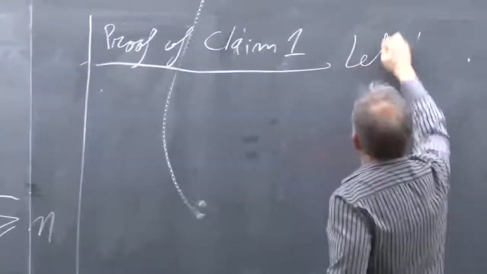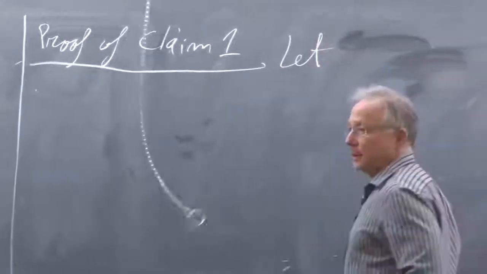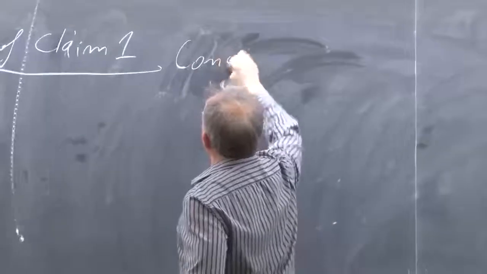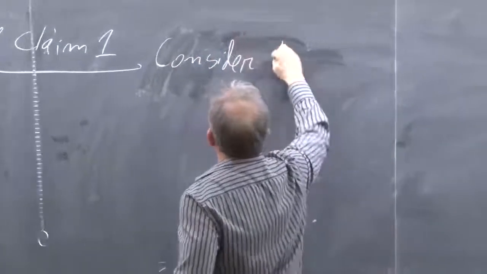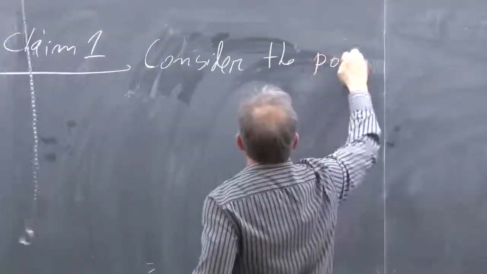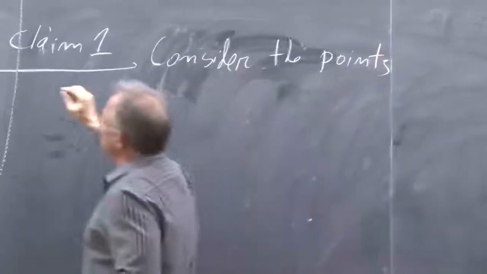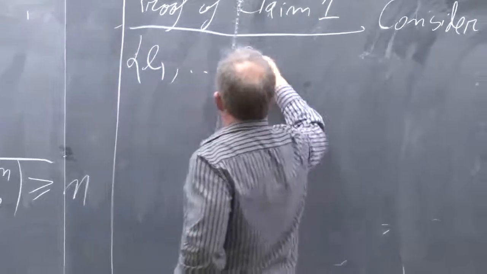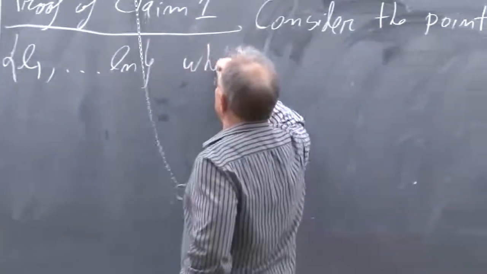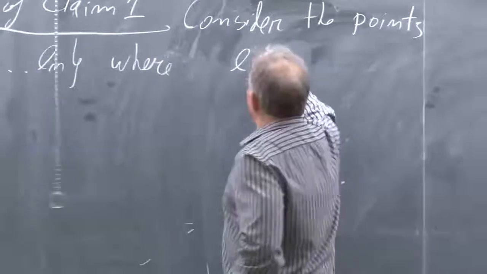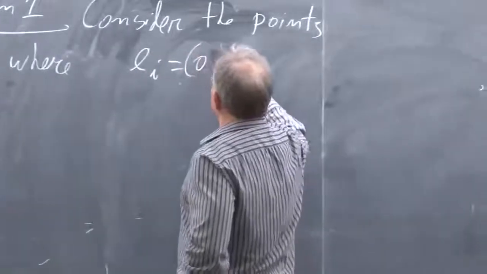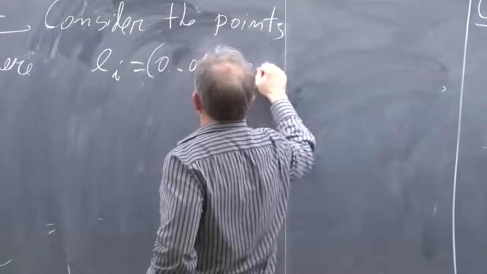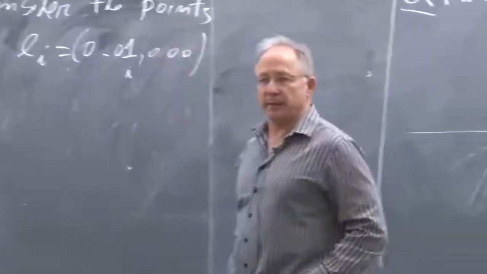Let us consider the points E1 up to En, where E sub i is the vector that is all zeros, 1 in the i-th coordinate and zeros everywhere else.